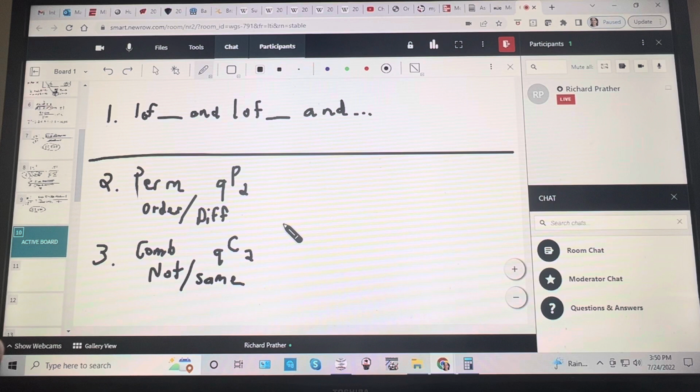And what's different here is you're not doing one of these, one of these, one of these. It's not 1 of 9 and 1 of 2. If it was 1 of 9 and 1 of 2, then you would do 9 times 2. These answers are not going to be 9 times 2, though. This is where you're choosing, in both scenarios, 2 out of 9.